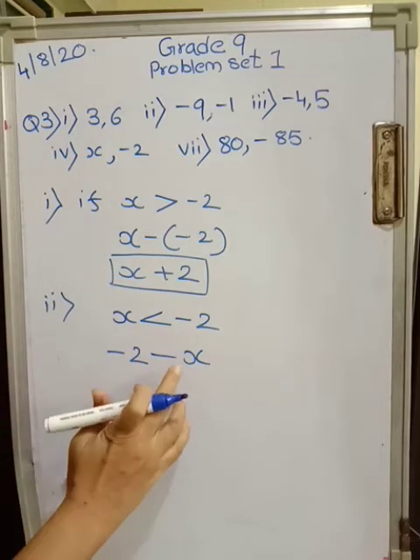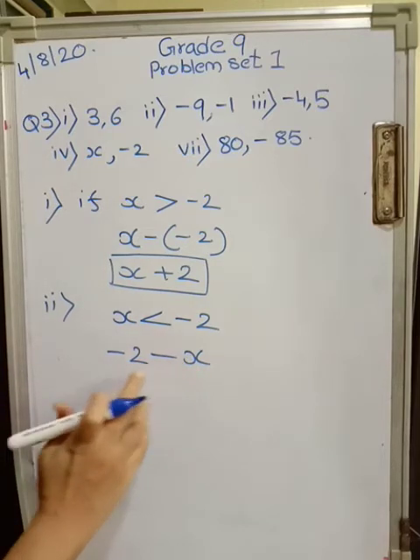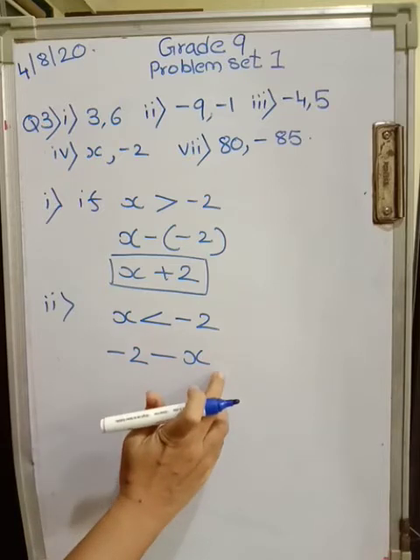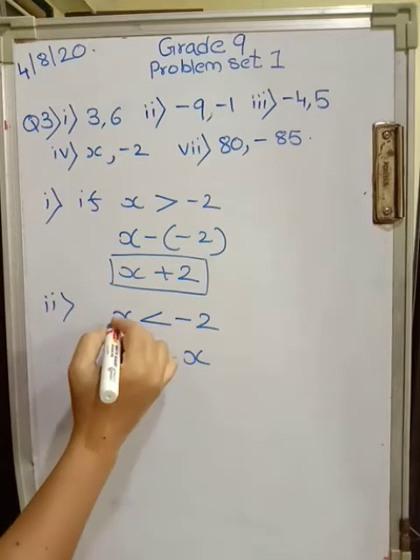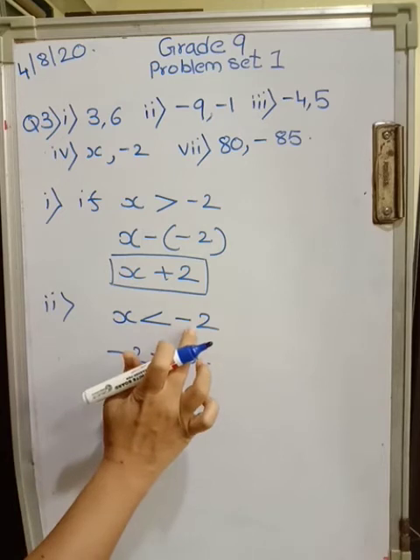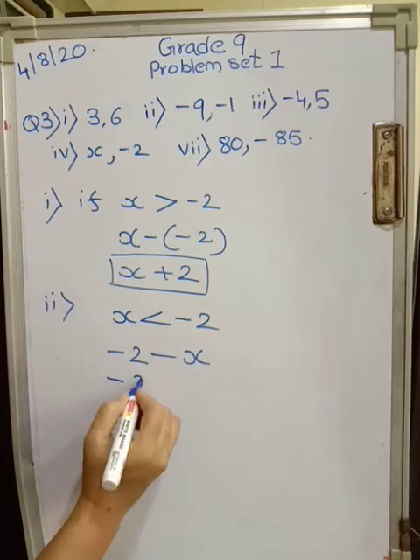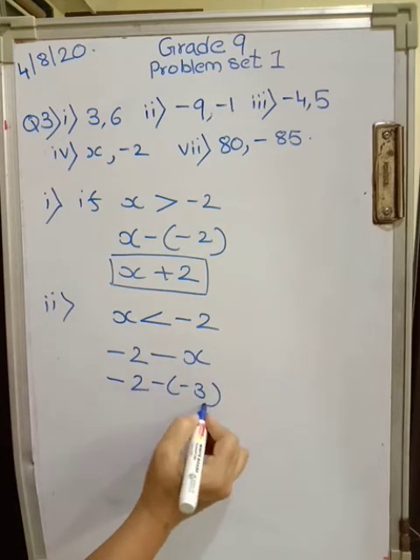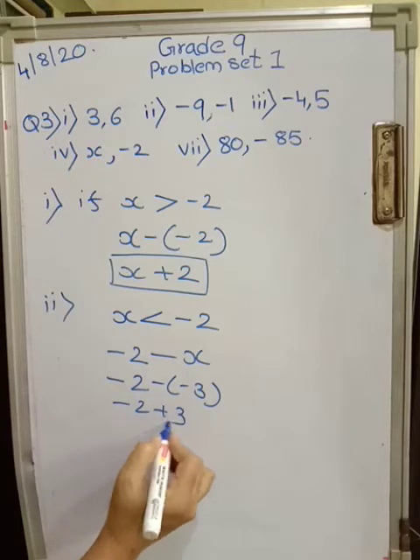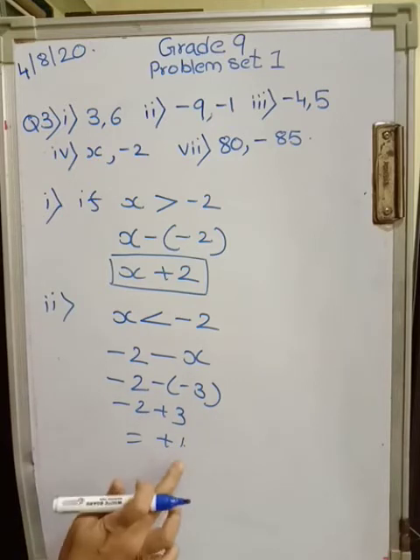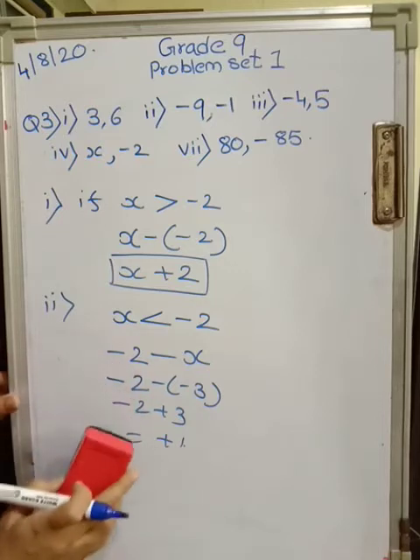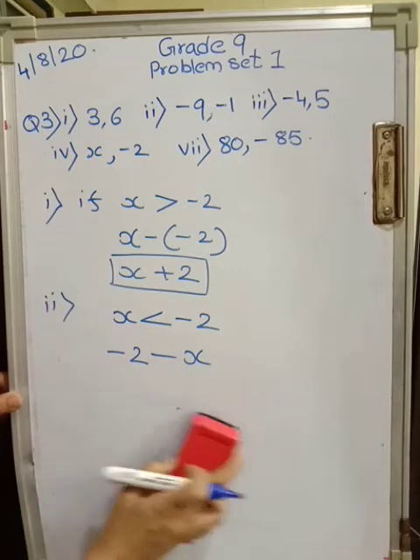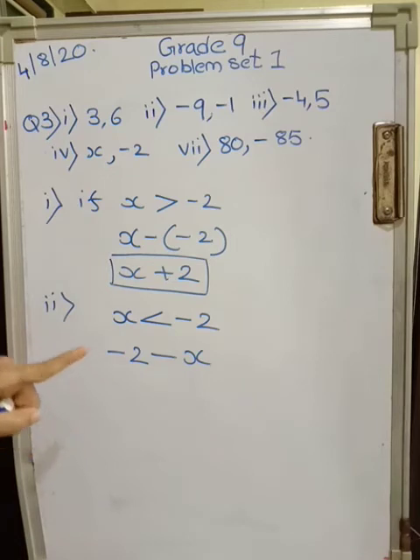So for example, if x is minus 3, then minus 3 is less than minus 2. So how will it be? Minus 2 minus minus 3. So it will be minus 2 plus 3. Distance will be plus 1. Distance is never negative. Got it? So this is the second possibility. In that case, distance will be minus 2 minus x.